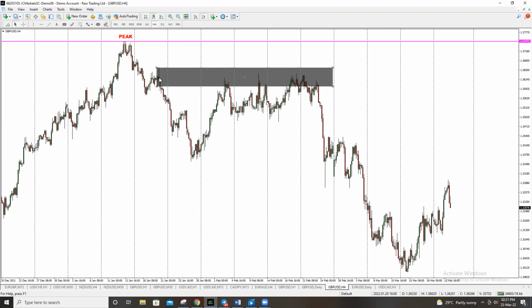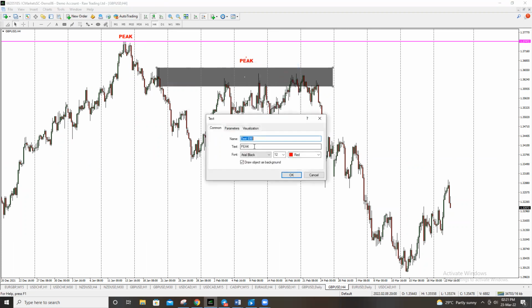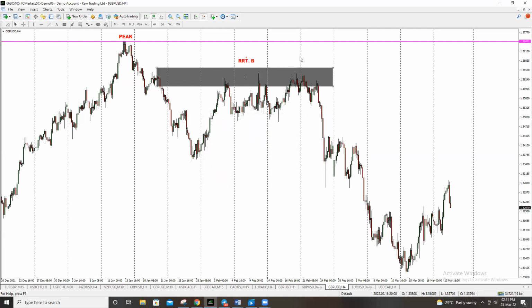Can you see this? The bodies are actually equal. So we have an RLT block, or the double tweezer block. So you can call it an RLT block.